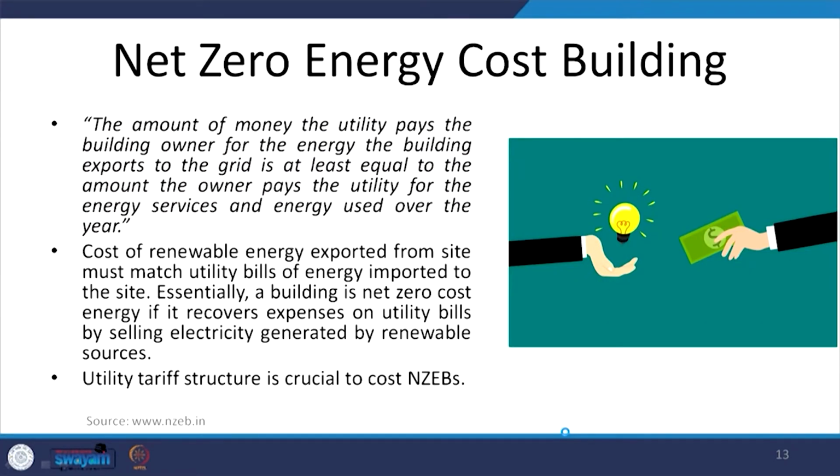A net zero energy cost building is a building where the net cost of the energy, of the money that the building owner pays to the utility for procuring the energy or vice versa, is zero.